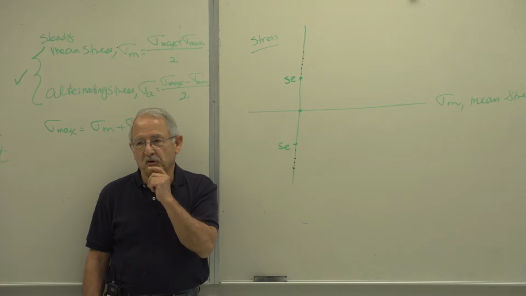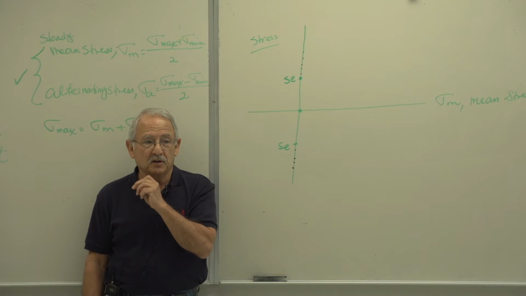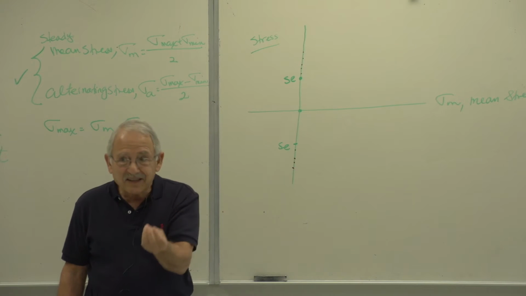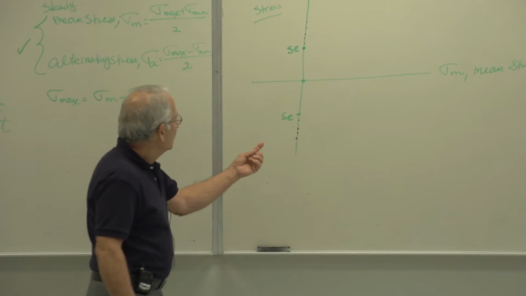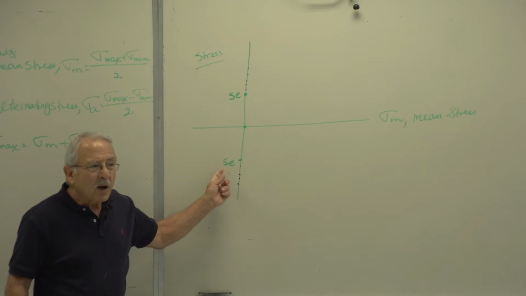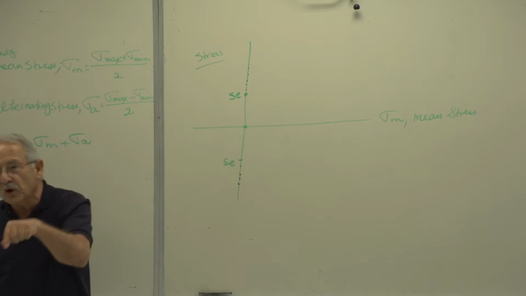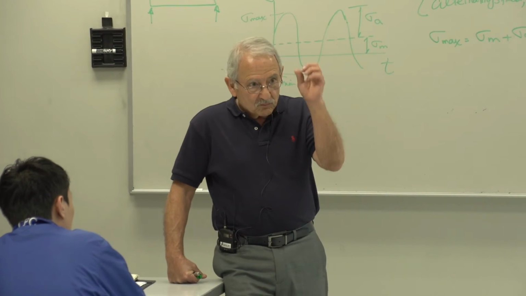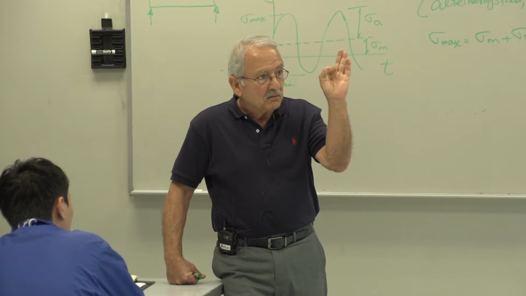Let me go a little bit further. What if I increase the mean stress until it is equal in magnitude to this, but it's the mean stress? Then how much alternating stress can I put on top of that and still have infinite life? Zero. None.